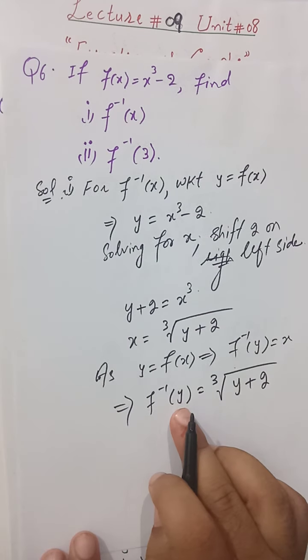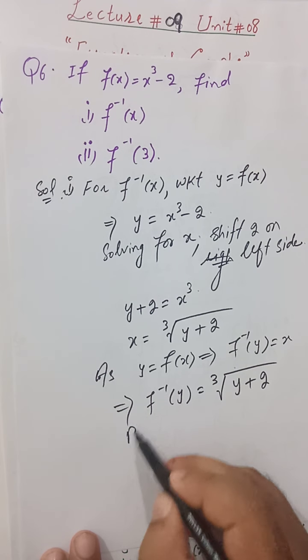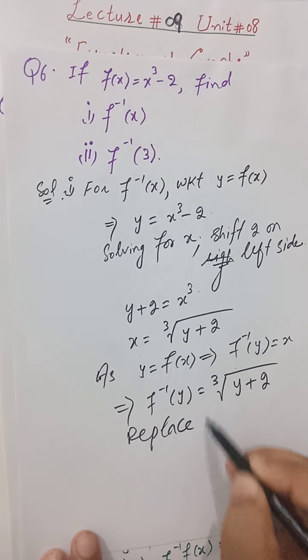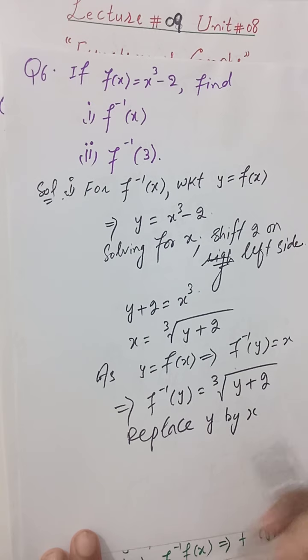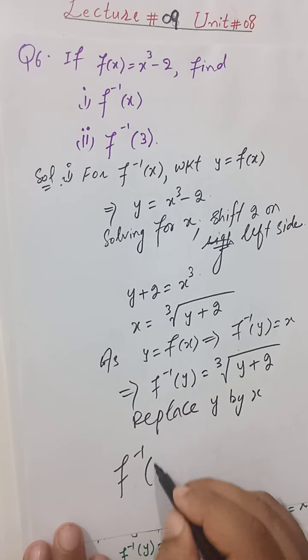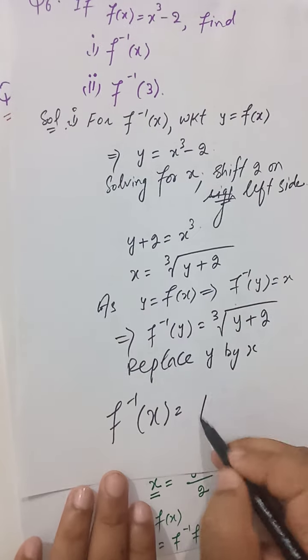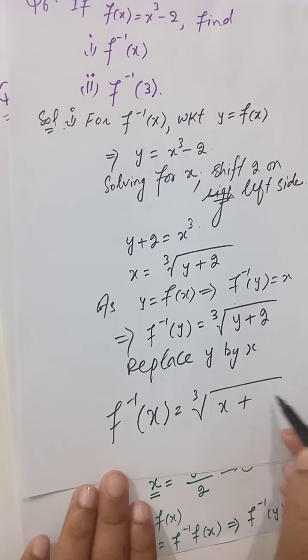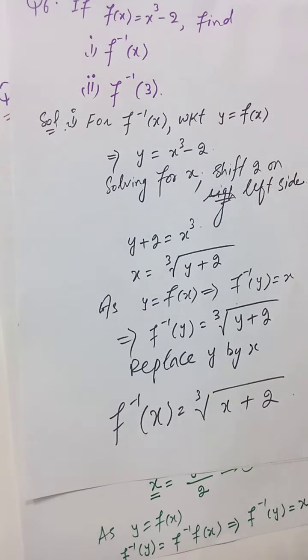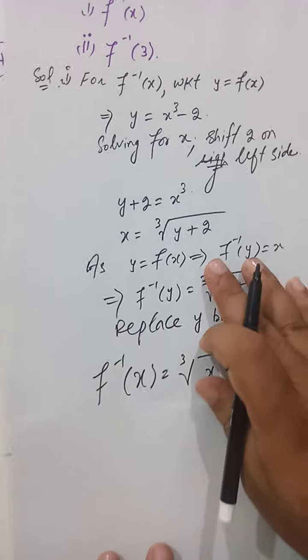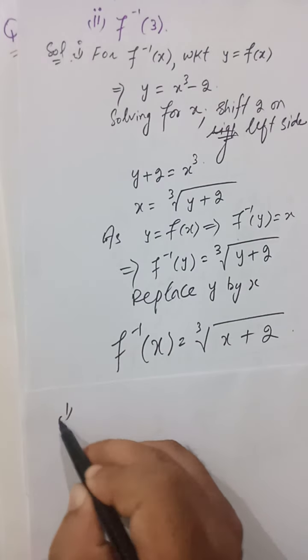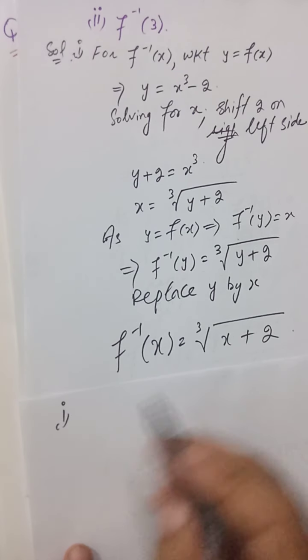Just replace y by x. So we get f inverse of x is equal to cube root of x plus 2. So this is the inverse of the given function. We calculated the inverse, so in part number 1 the requirement is achieved.